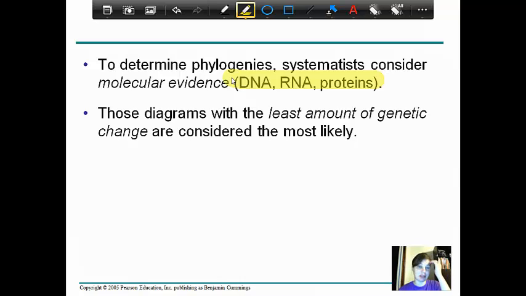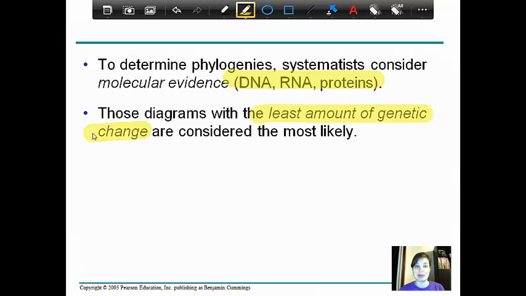So this phylogenetic tree is a little bit more detailed, a little bit more precise way of classifying organisms. And in trying to figure out who's more related to who, this should make sense: if you have very little genetic change between two organisms, then they're most likely to be related.